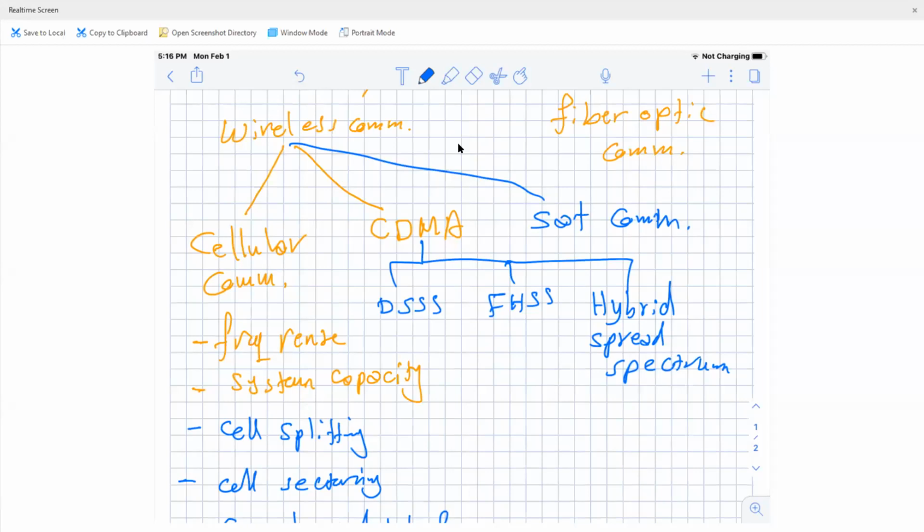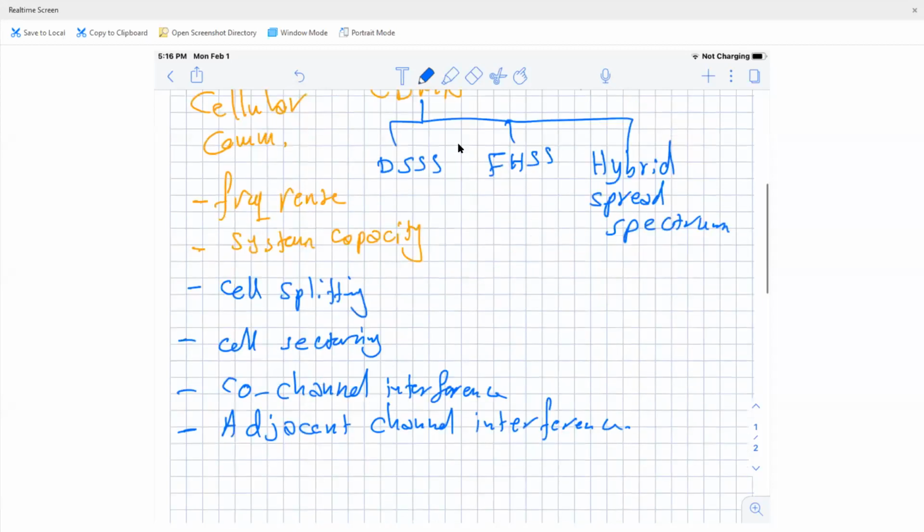So basically, wireless communication will contain these three systems: cellular communication system, CDMA, and satellite communication. This is the course layout. Of course, as I have told you, the fiber optic topic will be given by Dr.